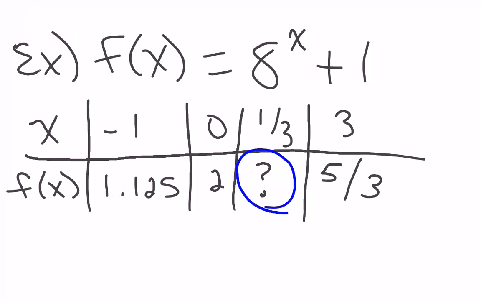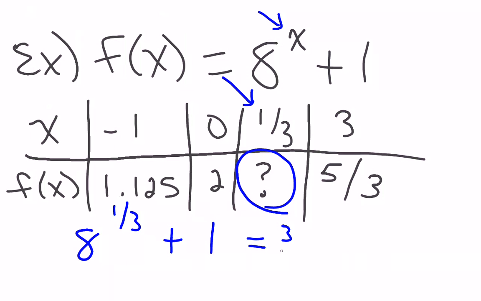Well, we're given the x value, so we want to plug it into our function and figure out what that is. So we have 8 to the 1/3 power plus 1. That seems a little strange, but we also remember that we can rewrite these exponents as roots, radicals.